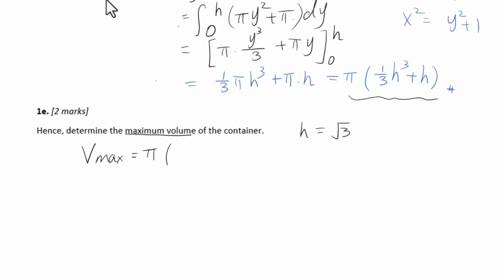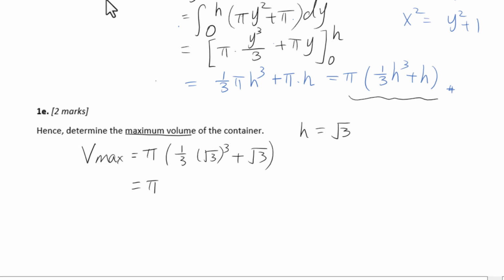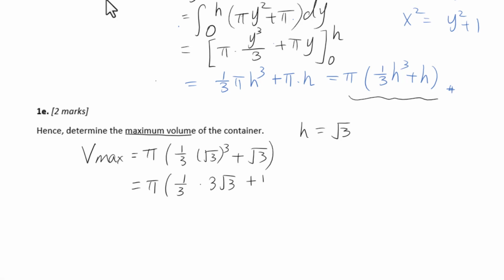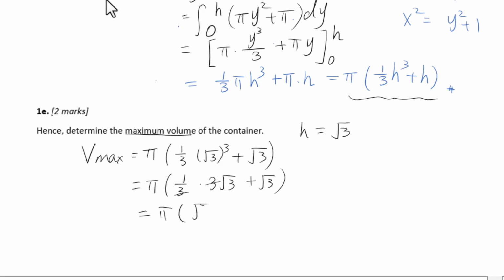Pi times 1 over 3, square root of 3 to the third power plus square root of 3, equals pi times 1 over 3 times 3 square root of 3 plus square root of 3. Reduce. We will get pi times square root of 3 plus square root of 3. So the final answer is 2 pi square root of 3.